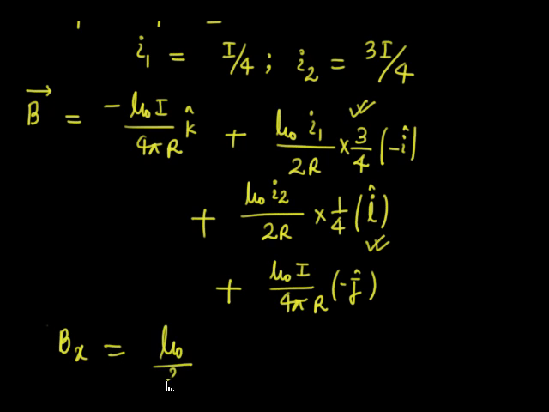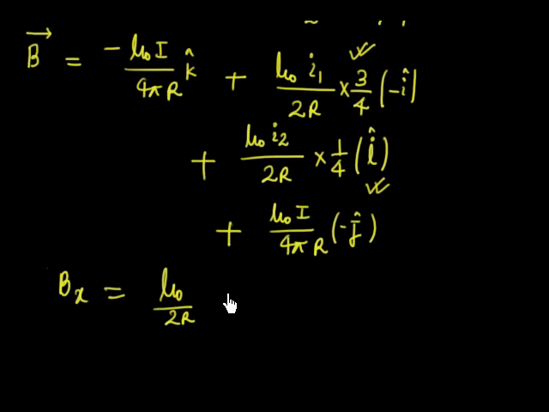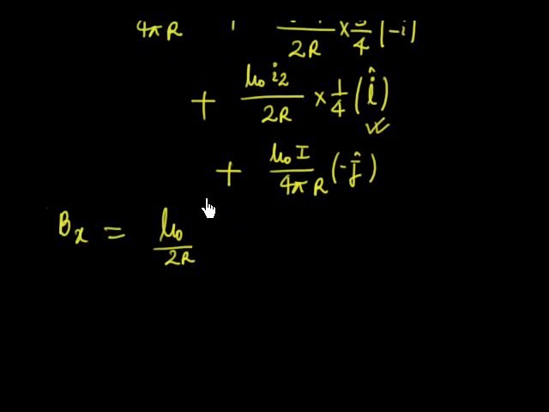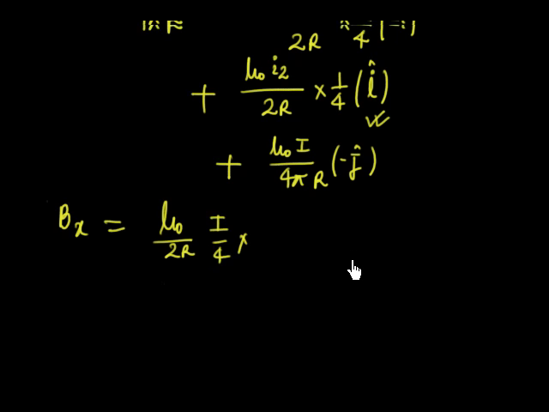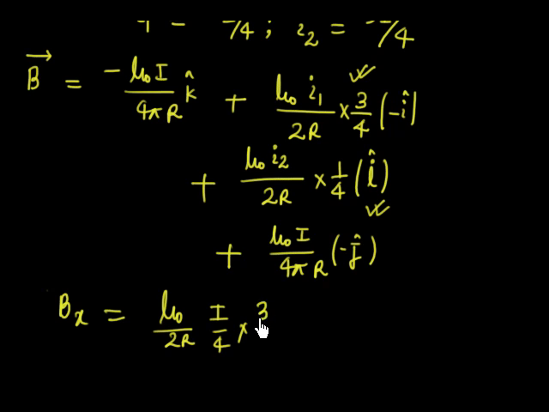So mu naught by 2r, and in place of I1 you have I1 is I by 4. So I by 4 into 3 by 4, and this is minus.